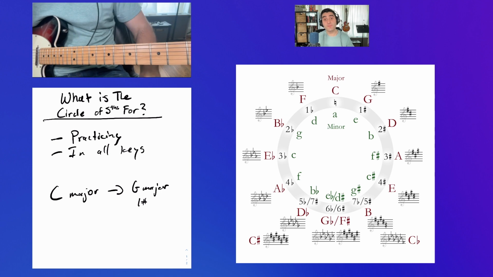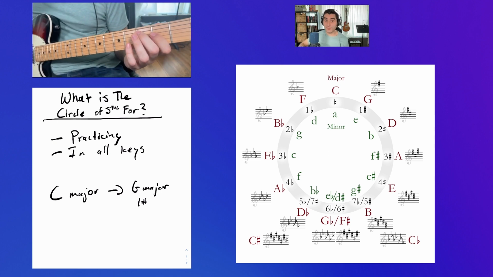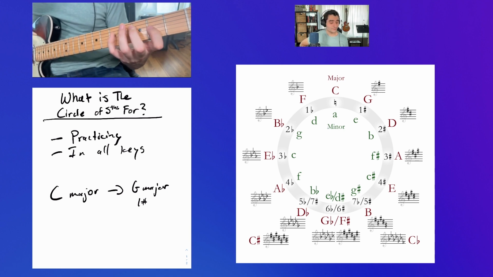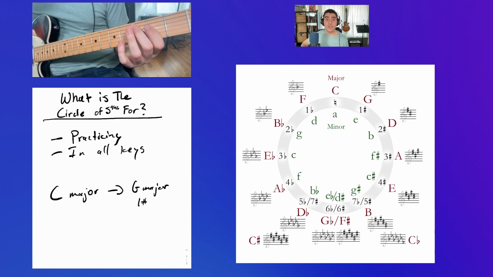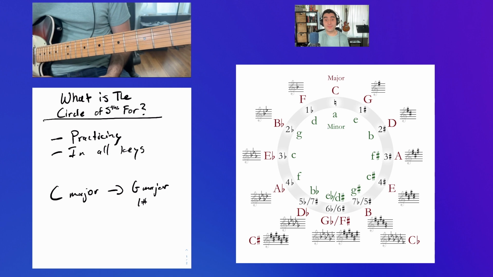So funny enough, the favorite thing of guitar players to do is to play something up or down a half step. So if I play C major, and then I go, okay, I want to play it in a different key. Let me just move everything up 1 fret. Well, guess what? Now that's the key of C sharp major.